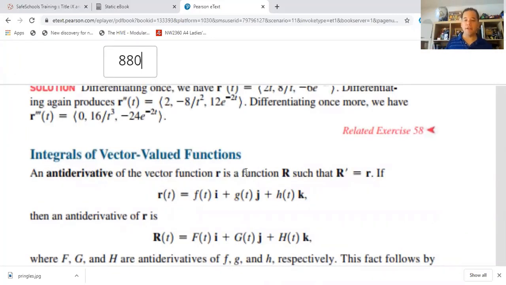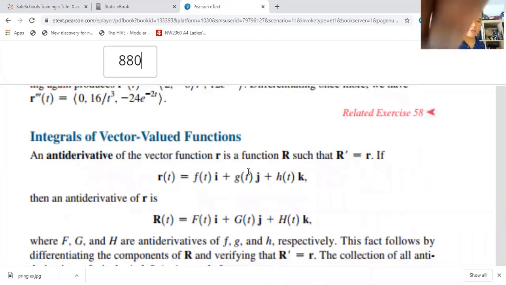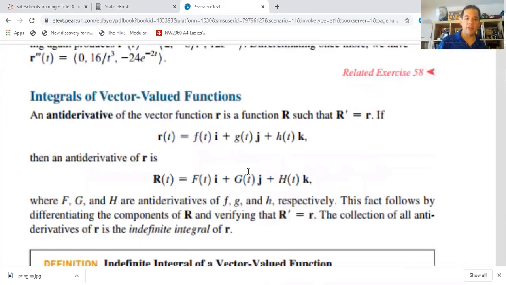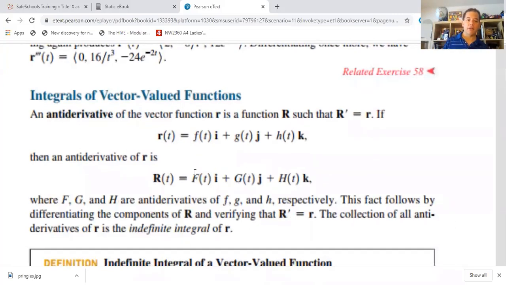Well, not surprisingly, for integration, it again works the same way. So to talk about an integral, what we're going to be doing is looking at the antiderivative of the first component, an antiderivative of the second, and an antiderivative of the third.